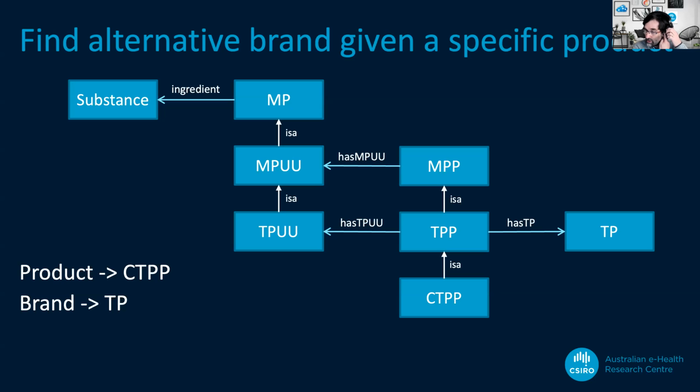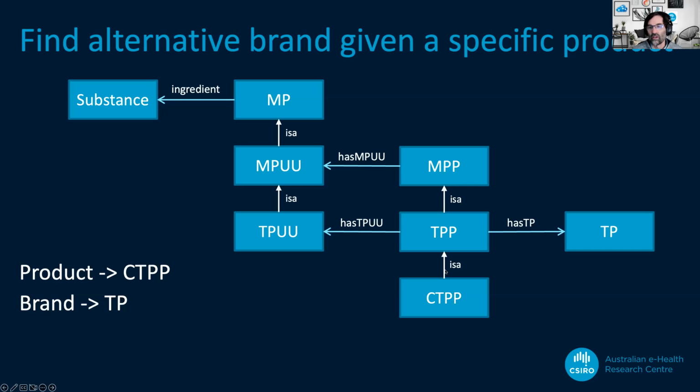They wanted to be able to, given a particular product, so in AMT terms, a container trade product pack, like a bottle of tablets of Panadol of a particular strength, offer a set of alternate brands at the point of dispense.